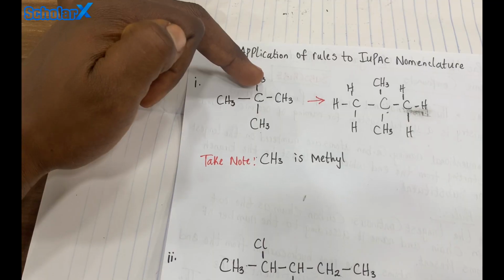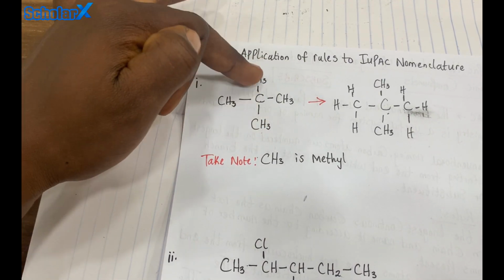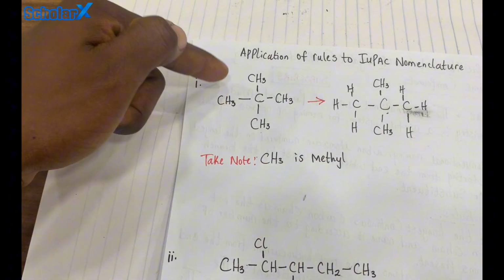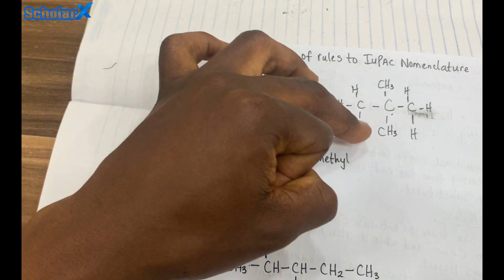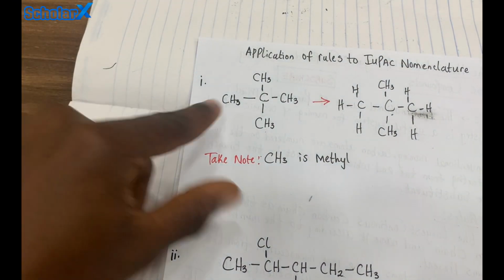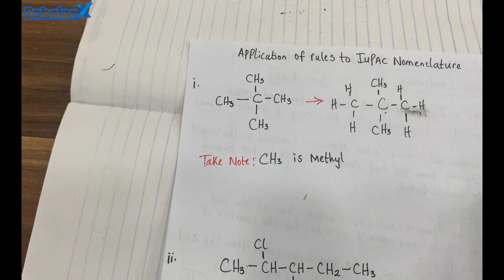So this CH3 attached here is a substituent, and we have two of them, one up and one down. This other CH3 was just your normal carbon with its hydrogen atoms, and this one too. So this can also be written like this.